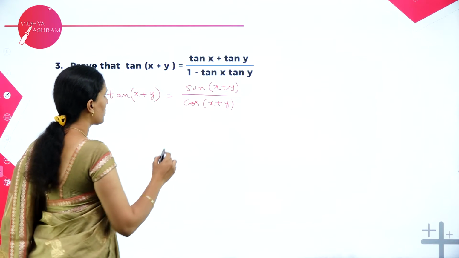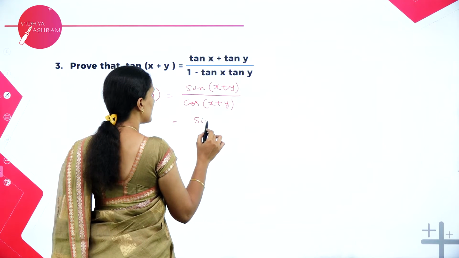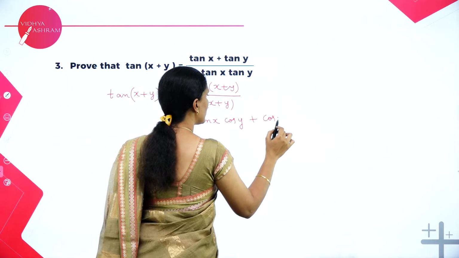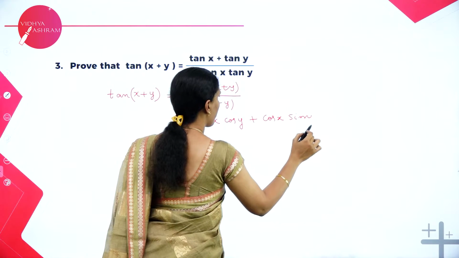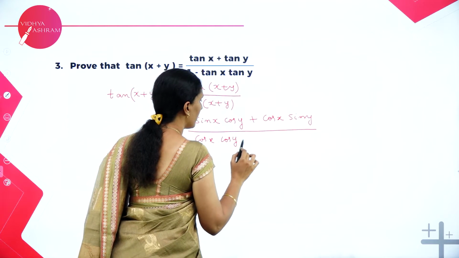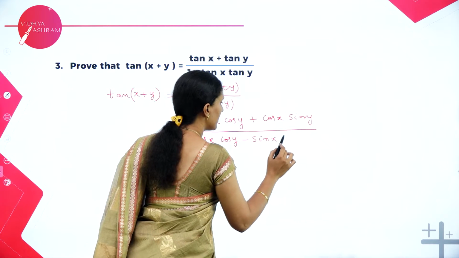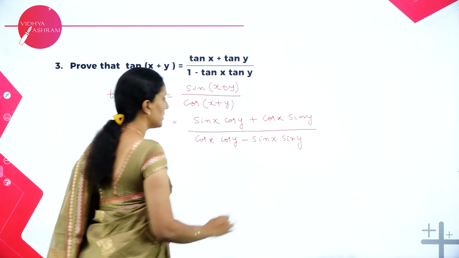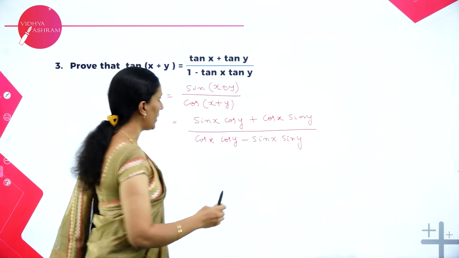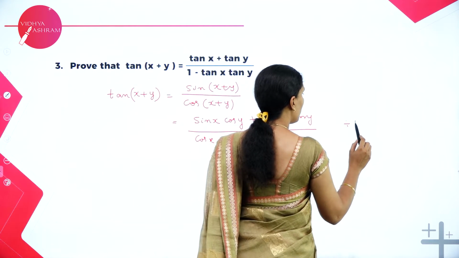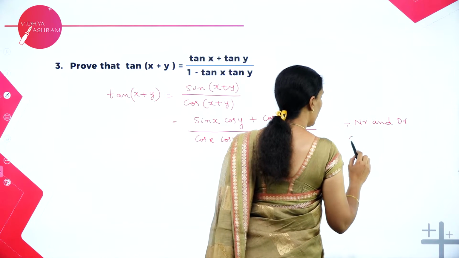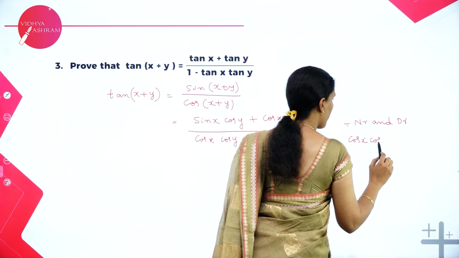So sin(x plus y) means it is sin x cos y plus cos x sin y. Cos(x plus y) can be written as cos x cos y minus sin x sin y. So now we have two terms on the numerator and two terms on the denominator. So let us divide both numerator and denominator terms by cos x cos y.